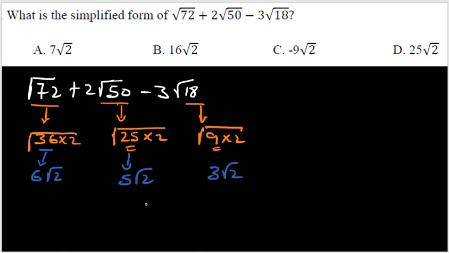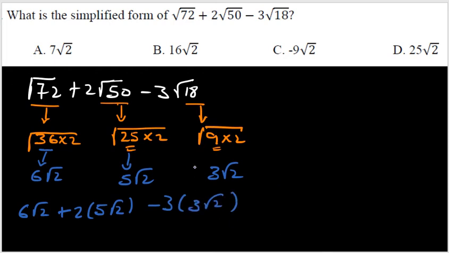Then when you combine now, radical 72 will be 6 root 2, plus 2 times radical 50, we got it 5 root 2, minus 3 times radical 18 is 3 radical 2. In place of radical 18, we can write 3 root 2.